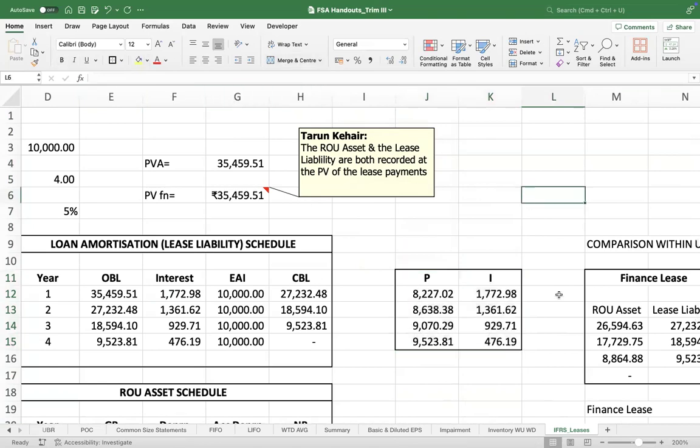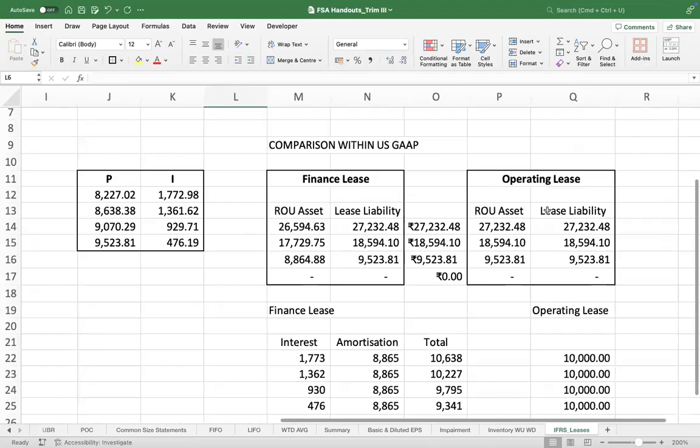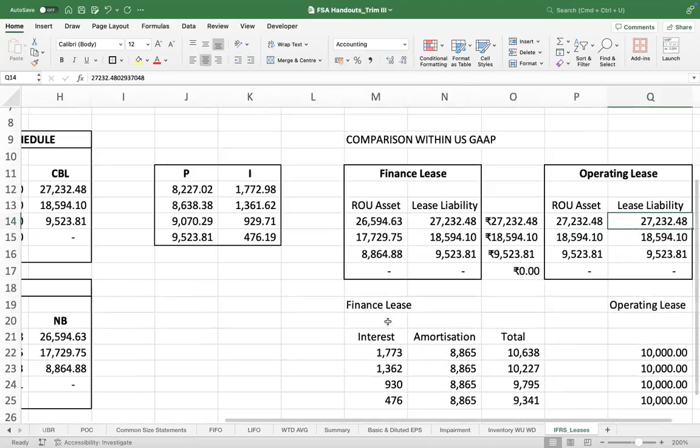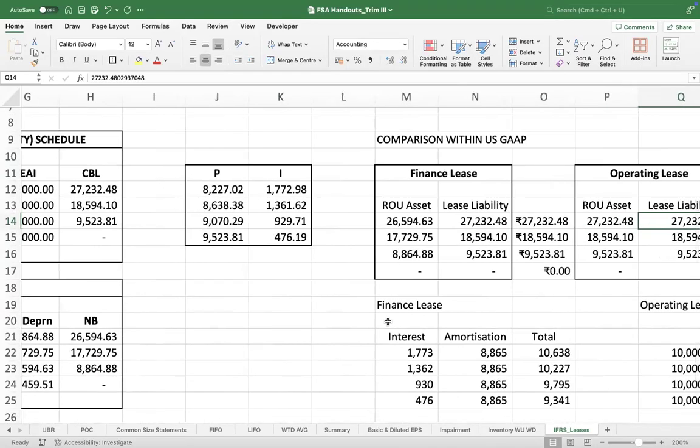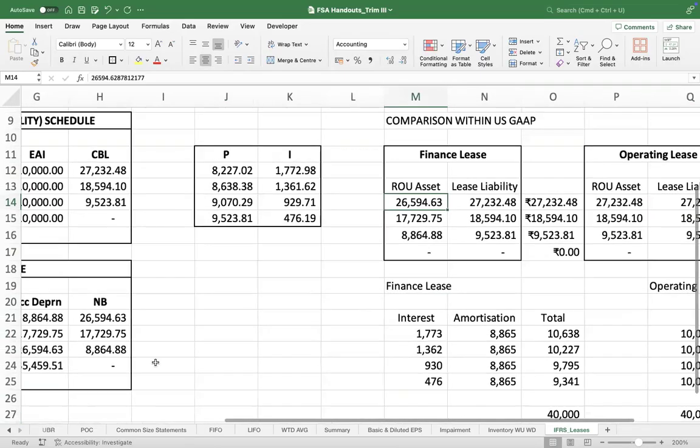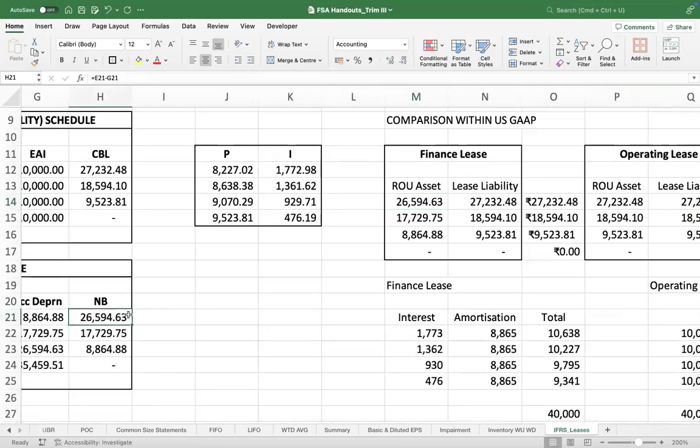This part. Now, if you see the actual asset balances, क्या हैं, हमारे actual asset balances हैं 26,594, 17,729, 8,864 and then 0.